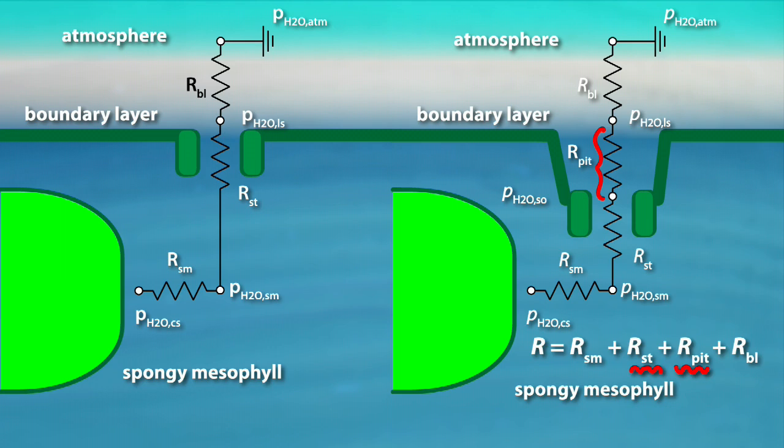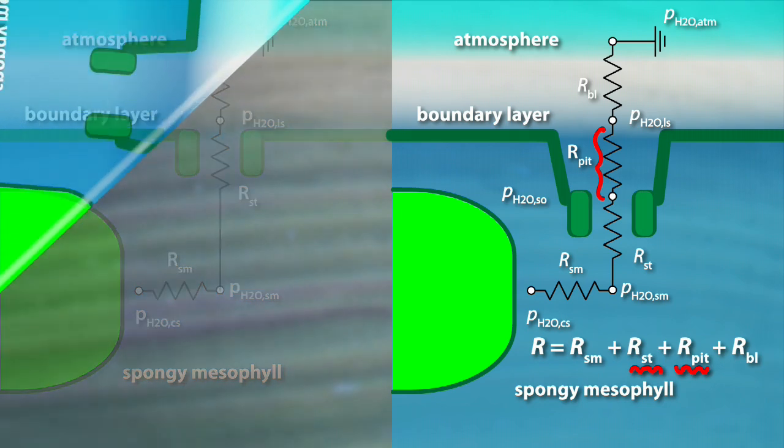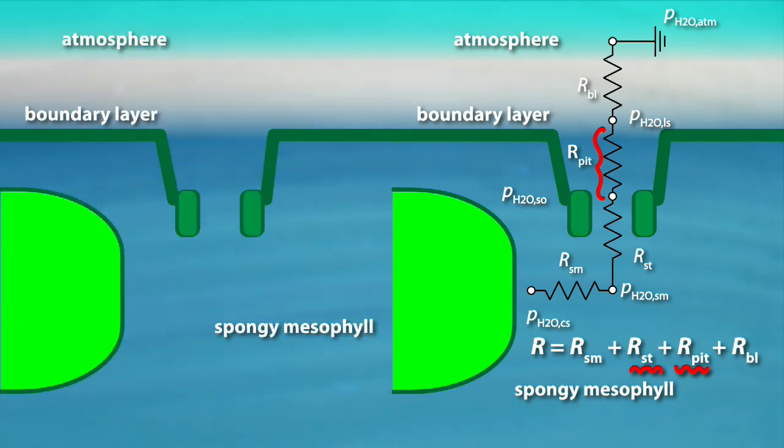How about carbon dioxide? Carbon dioxide also diffuses through the leaf, but in reverse. From the atmosphere, through the pits, through stomata, and into the mesophyll cells. As is the case with water vapor, diffusion rate is driven by gradients in carbon dioxide partial pressure.